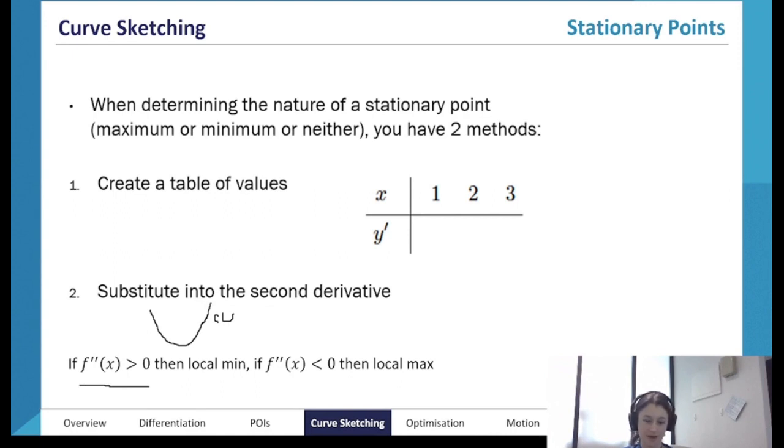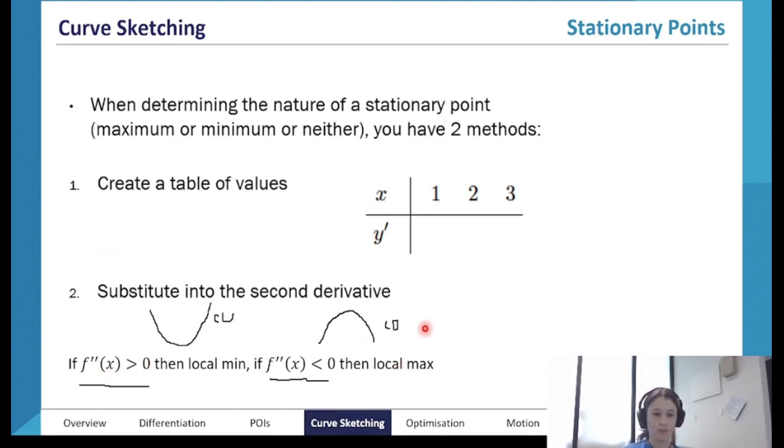If our curve is a local maximum, then it's going to be concave down, which means our second derivative is less than 0. So this is why subbing into our second derivative helps. It tells us about the concavity, and the concavity tells us about the nature of the stationary point.